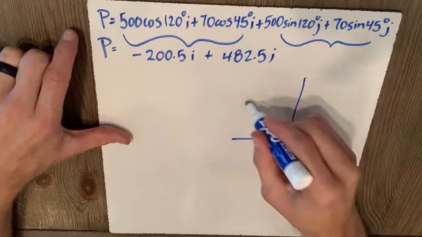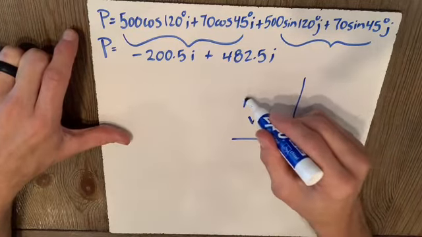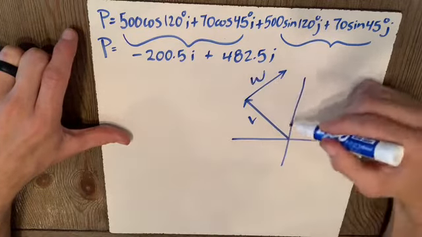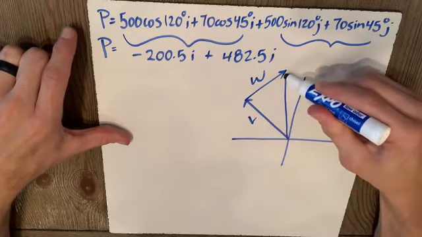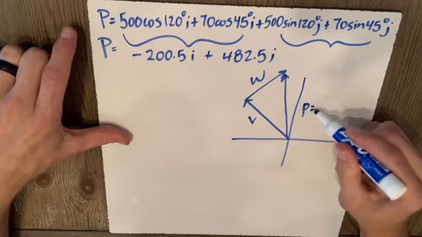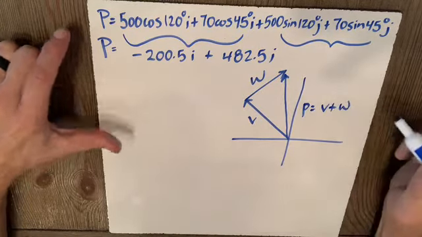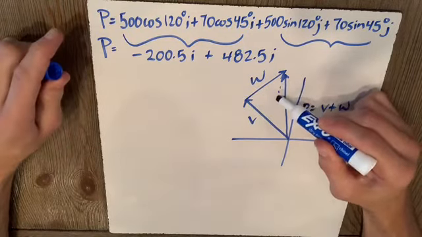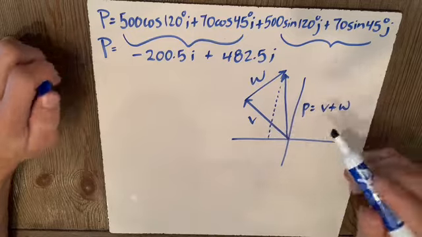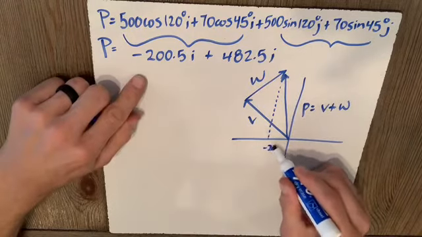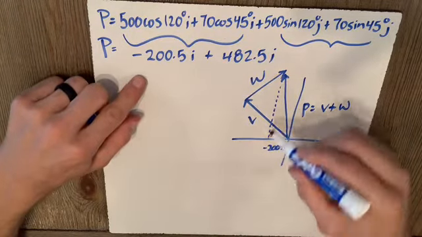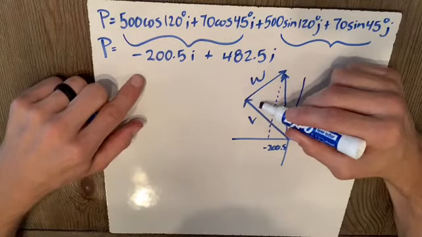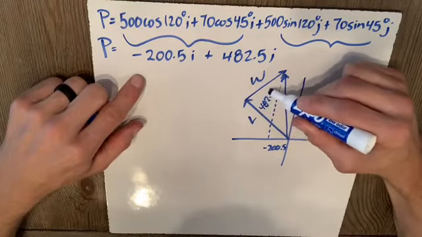Now, remember what we had here. We had vector V and then vector W, and we said this is vector P, which was V plus W. And we just found the components of vector P. We're saying that that's negative 200.5, and this vertical side is 482.5.